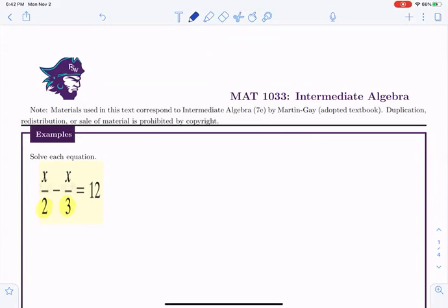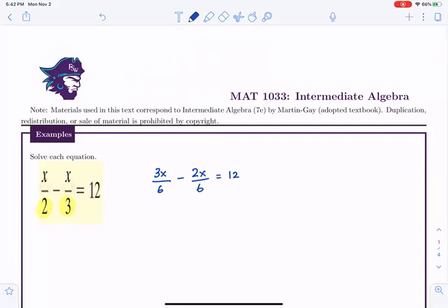We multiply the first denominator and numerator by 3. So we will have 3x over 6. The second expression, multiply and divide by 2. We have 2x over 6 equals 12.